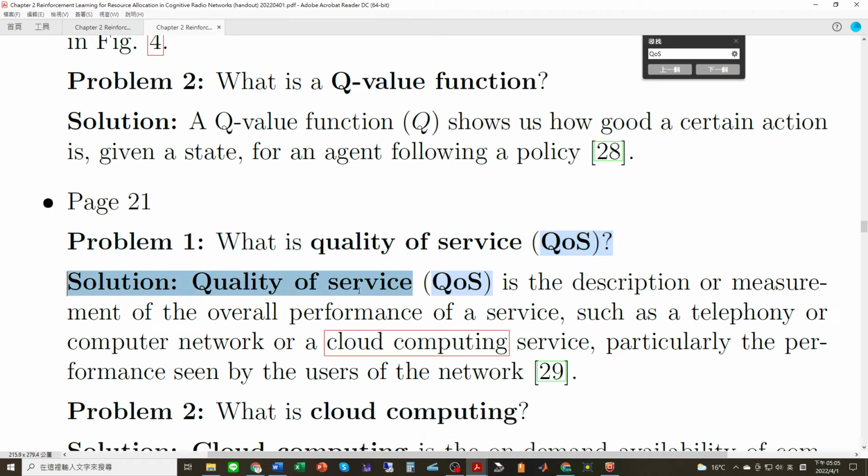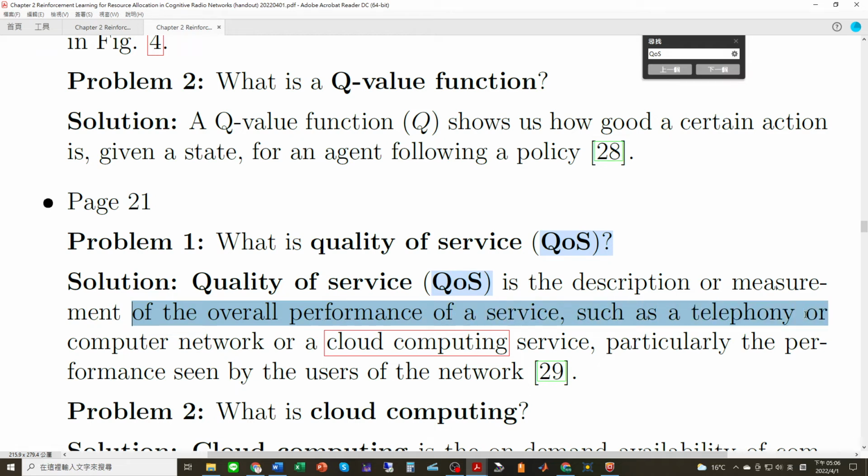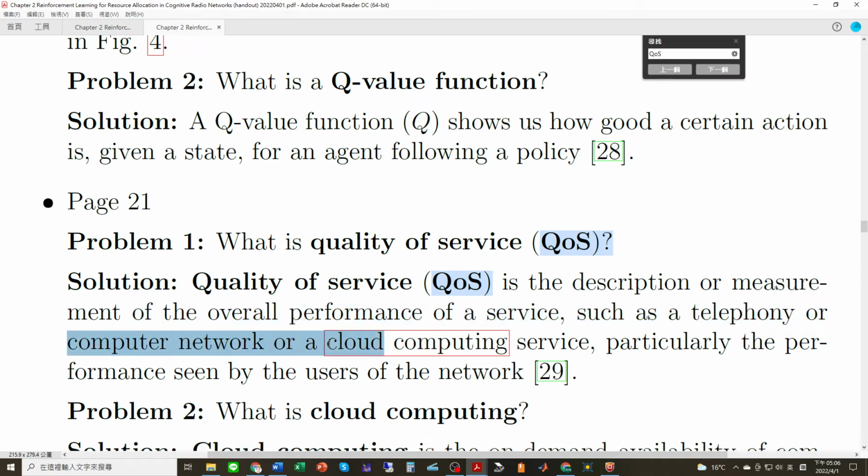Solution: quality of service QoS is the description or measurement of the overall performance of a service, such as a telephony or computer network or a cloud computing service. We will explain what cloud computing is in the next problem.